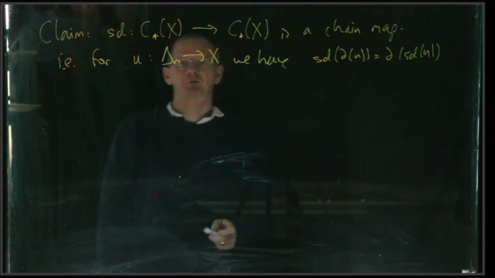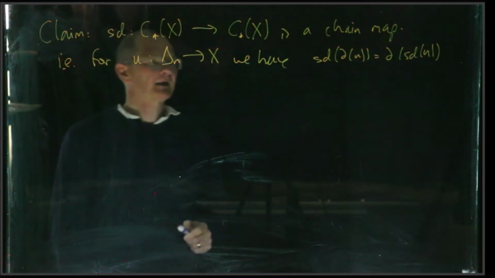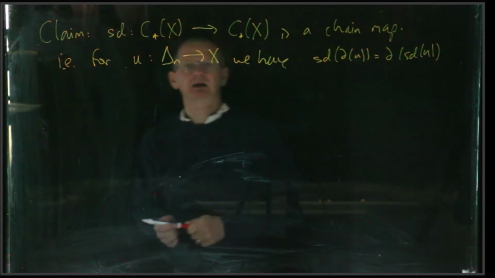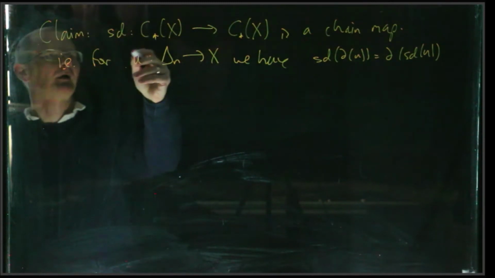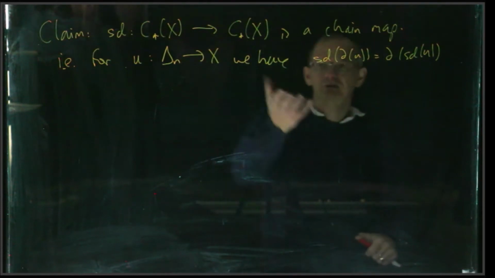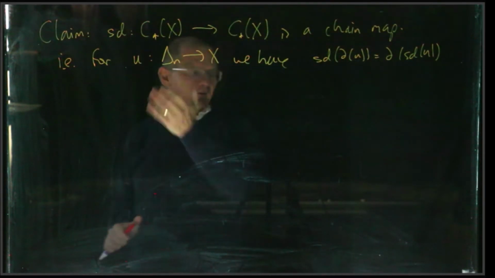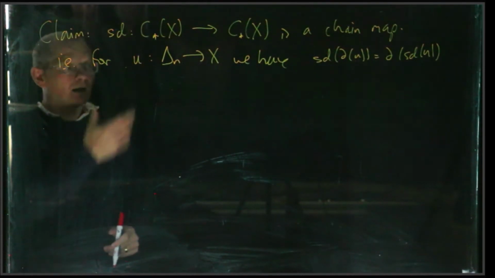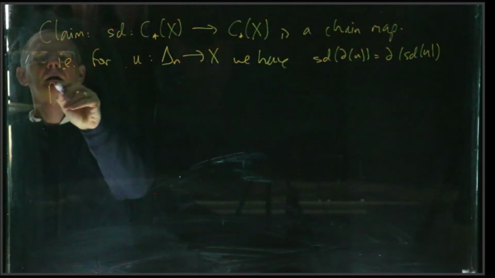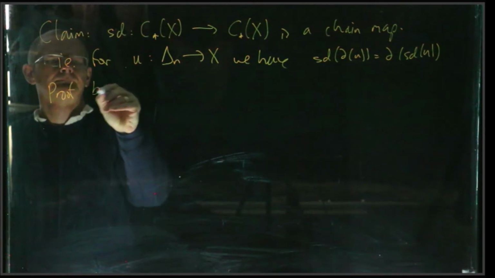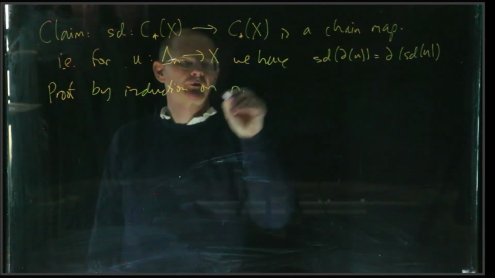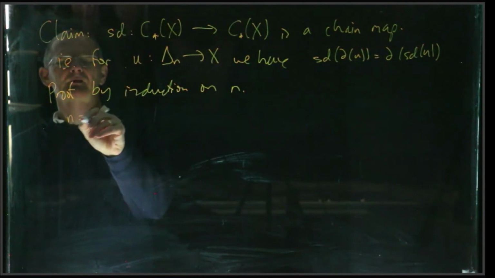We're claiming that if you've got any map U from delta n to x, then the subdivision of the boundary of U is the same thing as the boundary of the subdivision. In principle we're claiming this for any linear combination of maps like this, but it'll be enough to check it for just one of them because then everything's a homomorphism. So that's the claim, and the proof's by induction on n. N is 0.